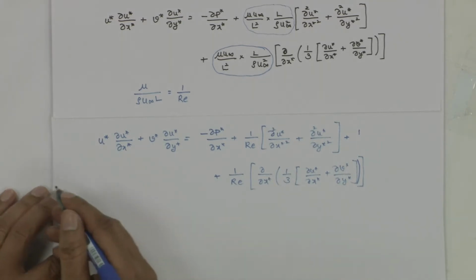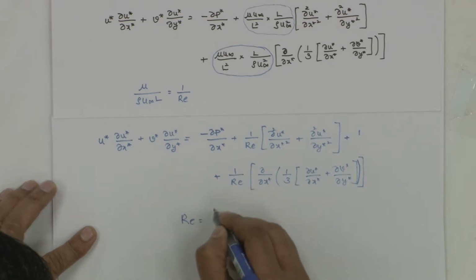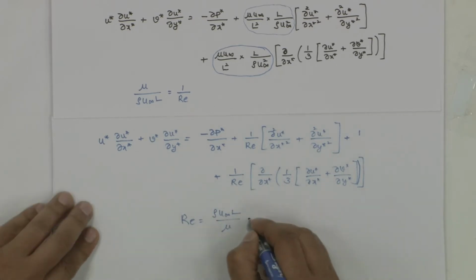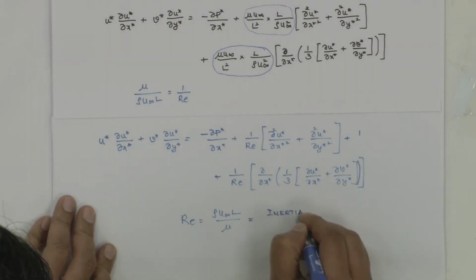So when we non-dimensionalize the momentum equation, we get Re equal to rho u infinity L by mu, which is nothing but inertia force upon viscous force.